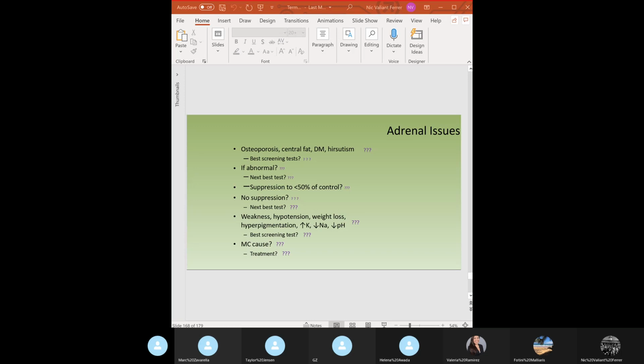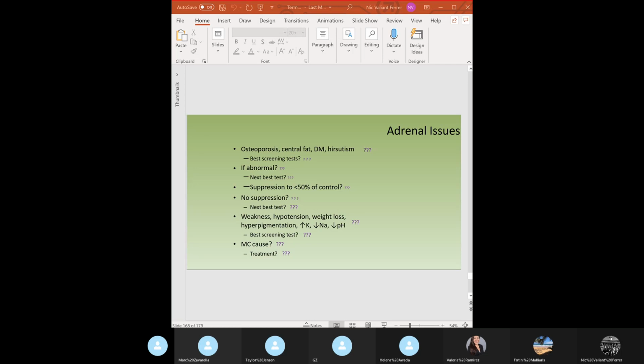What's the next best step? The first dexamethasone suppression test is 1 milligram, and then the second one is 8 milligrams, right? If you suppressed it to 50%, then it is a diagnosis of Cushing's, right?